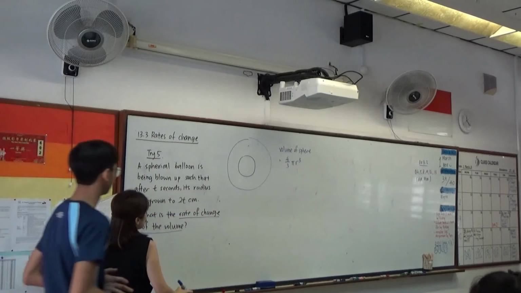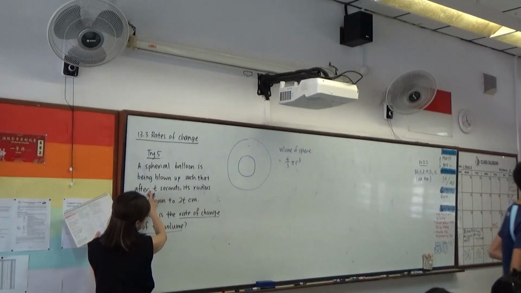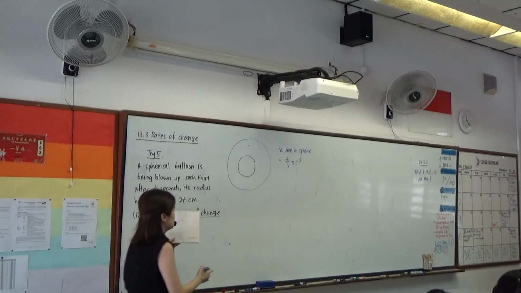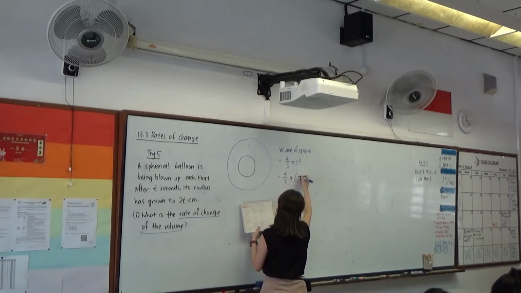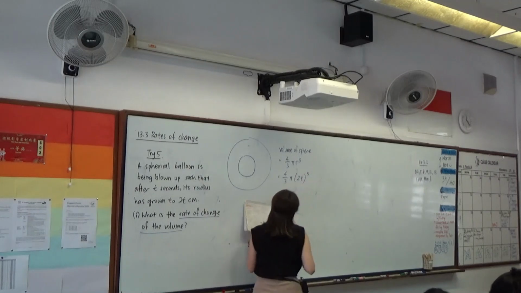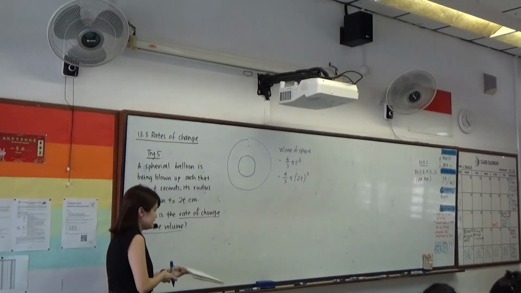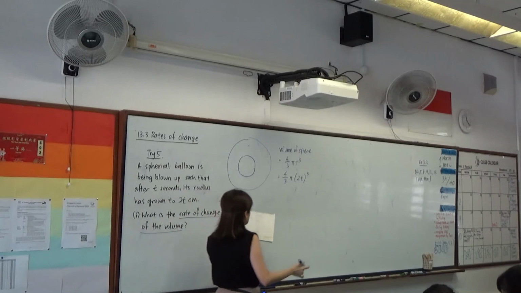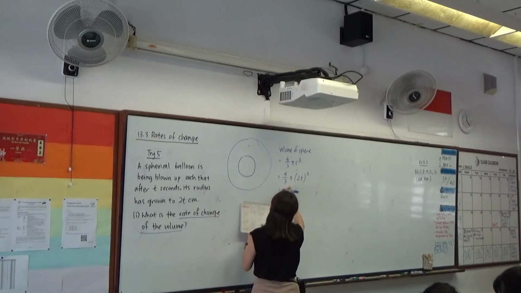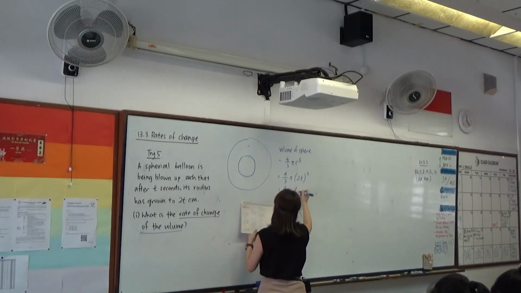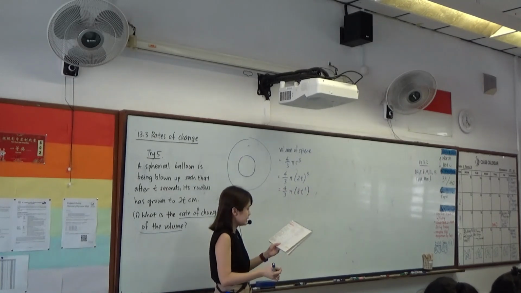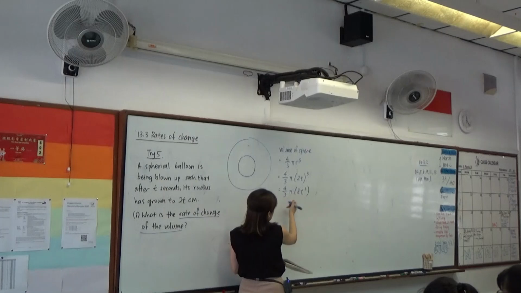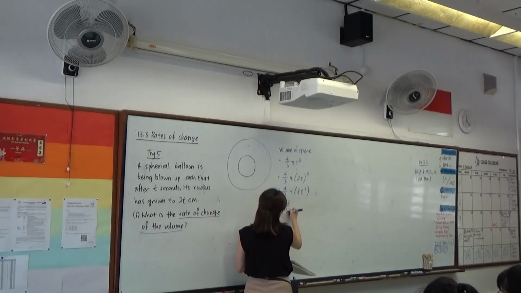That means our radius at t seconds will be 2t. So we change our r to the 2t value and we get 4/3 pi (2t) cubed. Simplify that. 2 to the power of 3 is 8, and then t cubed, 4/3 times 8, we get 32/3 pi t cubed.